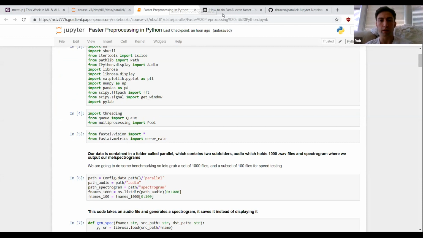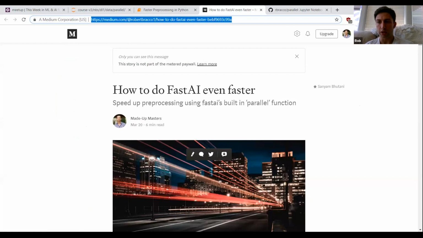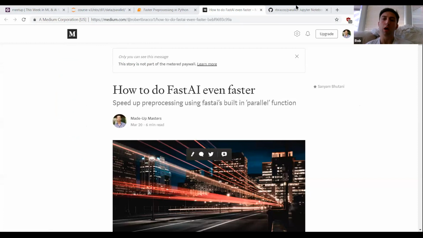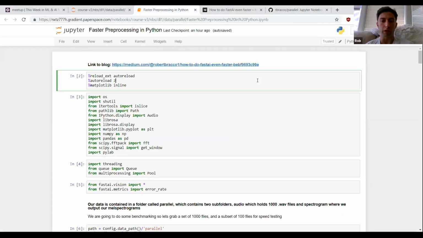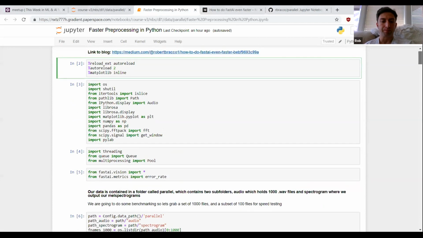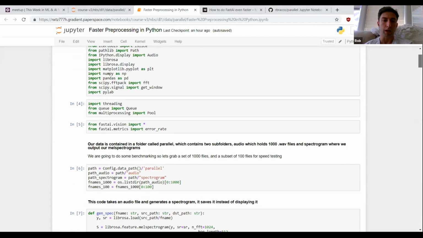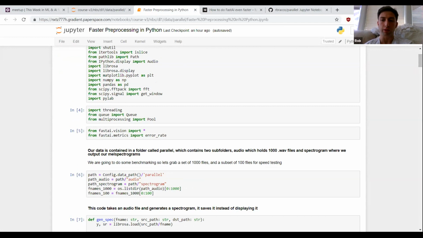Here is a quick link to the blog if you want to follow along. And I've also got a notebook up on GitHub in a small repo for playing around and exploring the functions. This is all just basic imports, stuff I need to generate spectrograms.